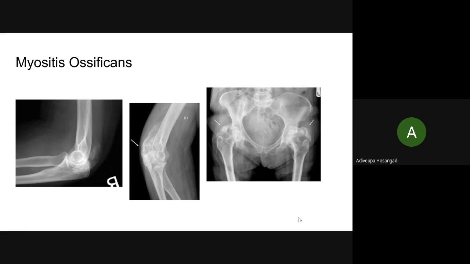Most important thing you should understand is it is most commonly seen in elbow and hip. To be precise, it is around the elbow for children, and for adults it is the hip. Myositis ossificans is always associated with a history of trauma and massage. Please remember this.